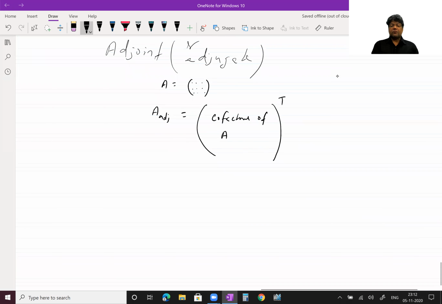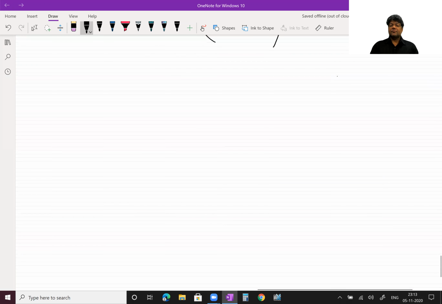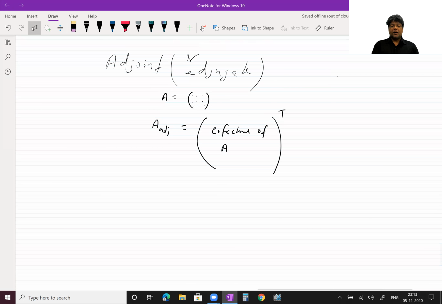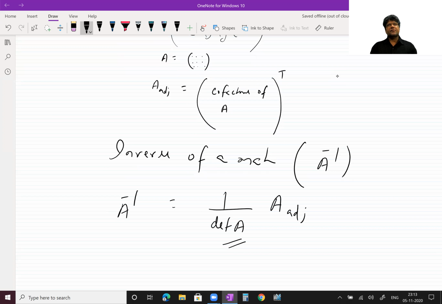Now, how to calculate inverse of a matrix? If determinant is equal to 0, then that will be a singular matrix. And something by 0 is undefined, so A inverse will not exist if delta is equal to 0. That means A inverse will exist only if it is a non-singular matrix.